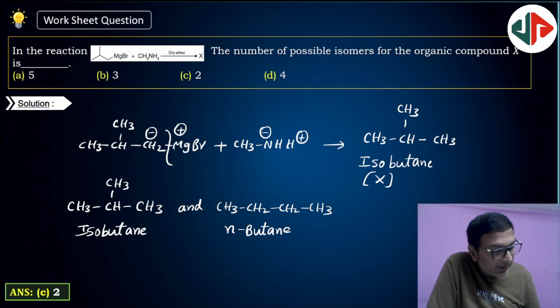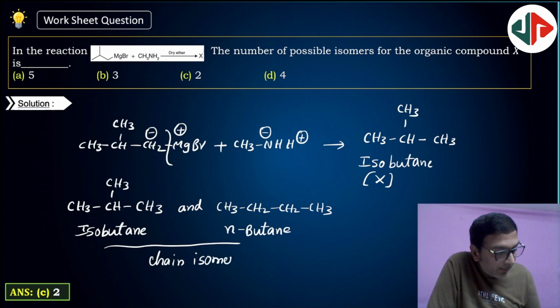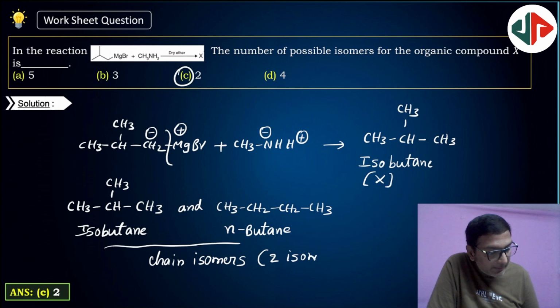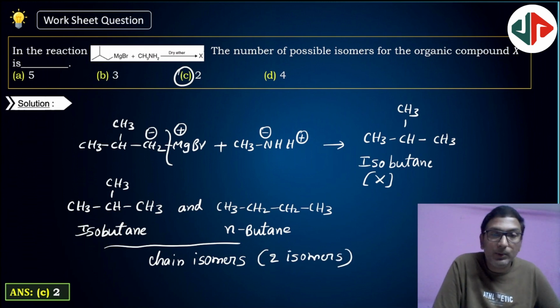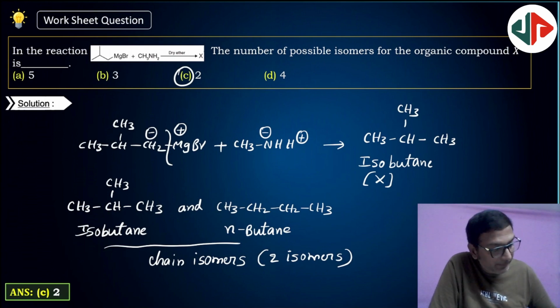So these two are isomers, that means simply chain isomers. So option C, 2 isomers. Butane can exhibit 2 chain isomers. Next.